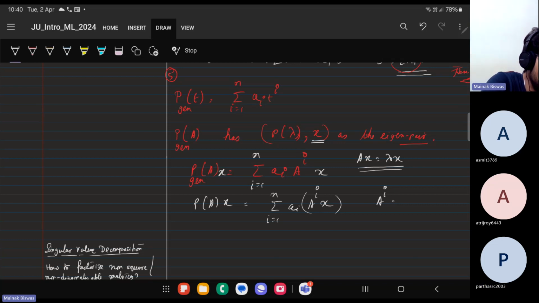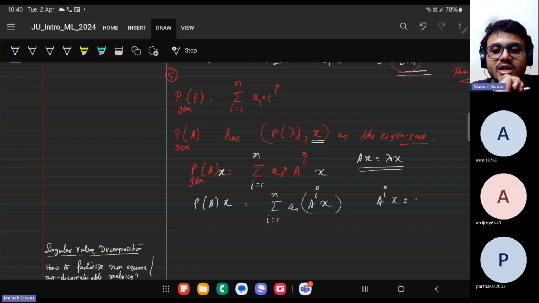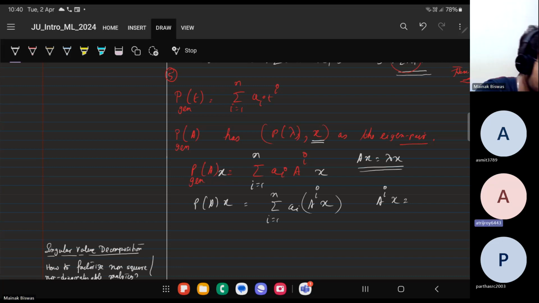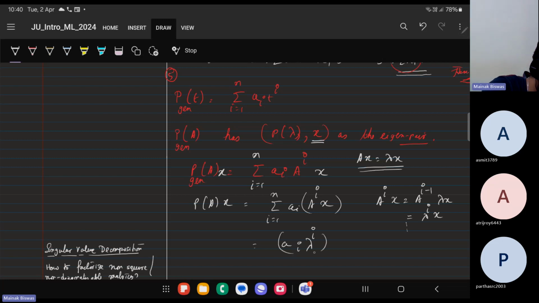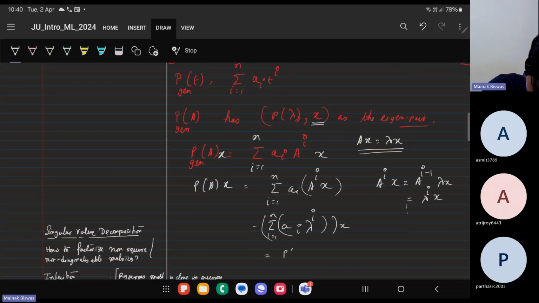Tell me what A to the power i x is, and we'll see this application next day. Lambda power i into x. Good. A to the power i minus 1 into lambda x. Recursively, it will be lambda to the power i x. So what is this going to be? The sum of a_i lambda to the power i, i equal to 1 to n, into x, correct? Which is P of lambda into x. Yes or no?